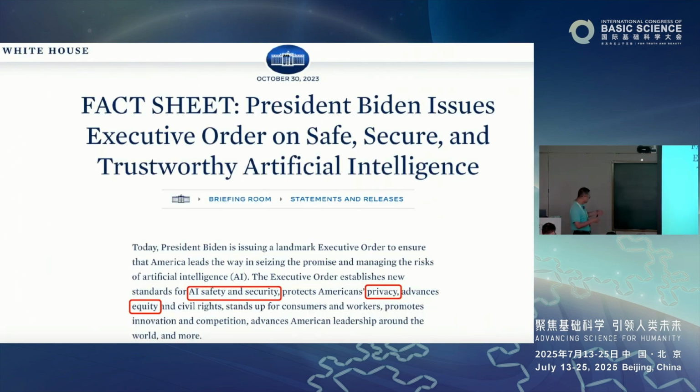So these aspects are emphasized, for example, by a presidential executive order a couple of years ago, as you can see, the highlighted words: safety, security, privacy, equity. All these are important. We really want to take advantage of big data to help the society.